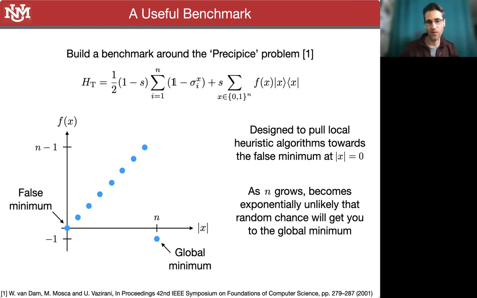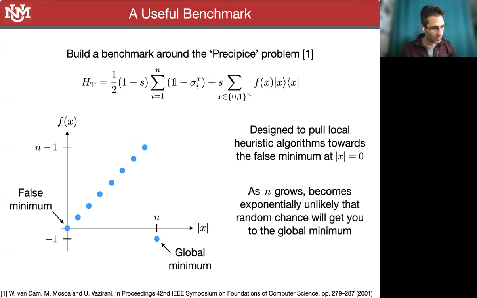It's a permutation-invariant cost function, so it only depends on the Hamming weight of the bit string. The global minimum happens at Hamming weight n, and it takes value -1. Everywhere else, the cost function is linear in the Hamming weight.